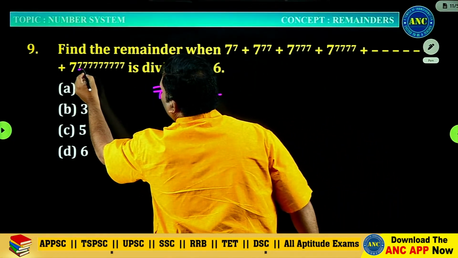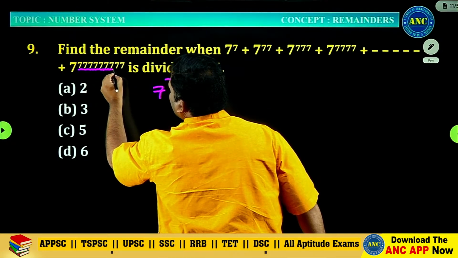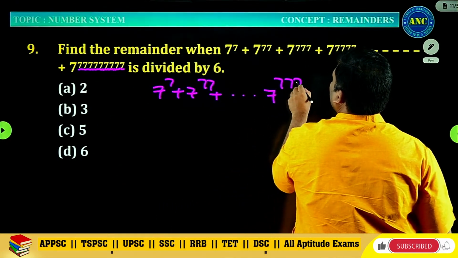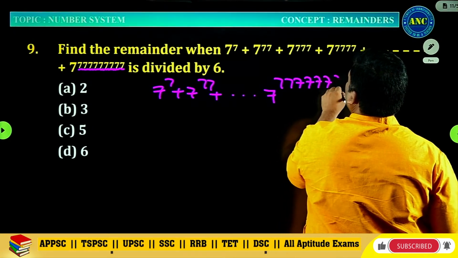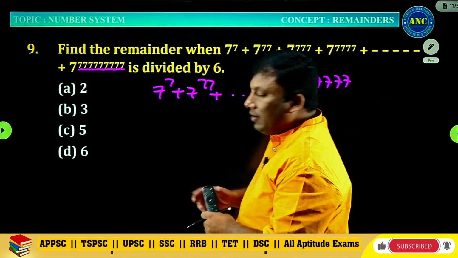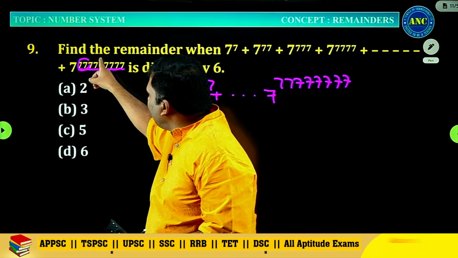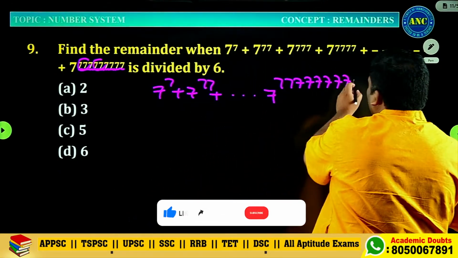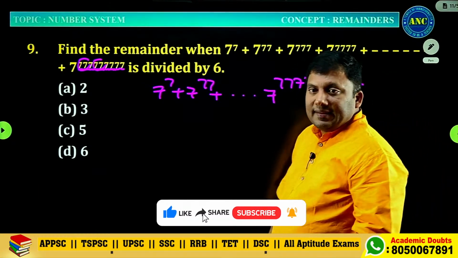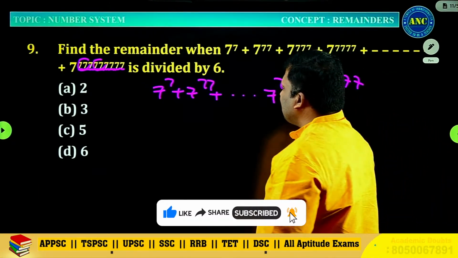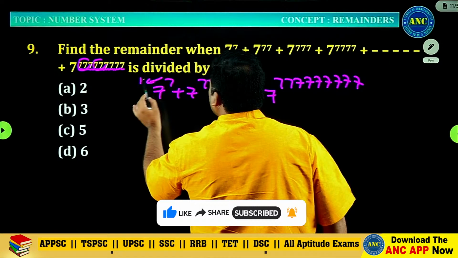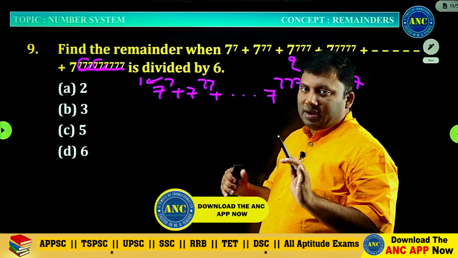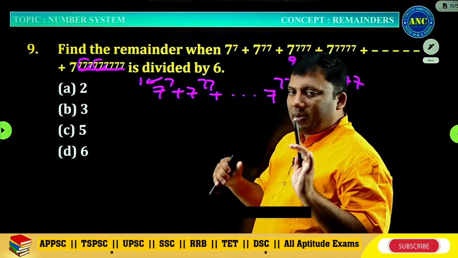How many are there? 1, 2, 3, 4, 5, 6, 7, 8, 9. 9 sevens are there, starting from 1 seven till 9 sevens. Total 9 numbers are there.